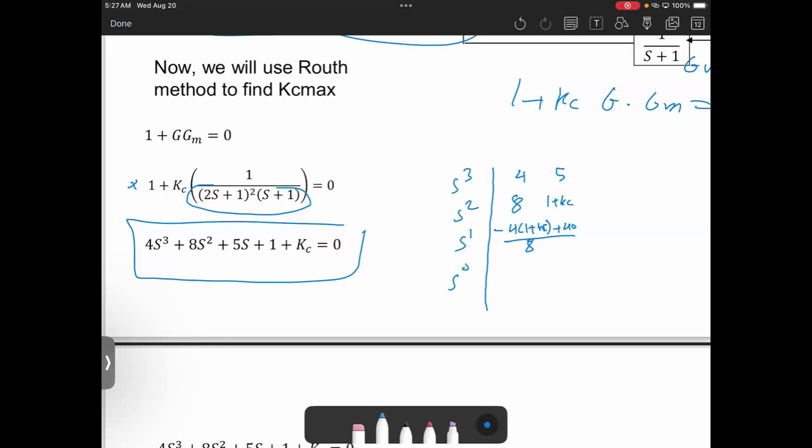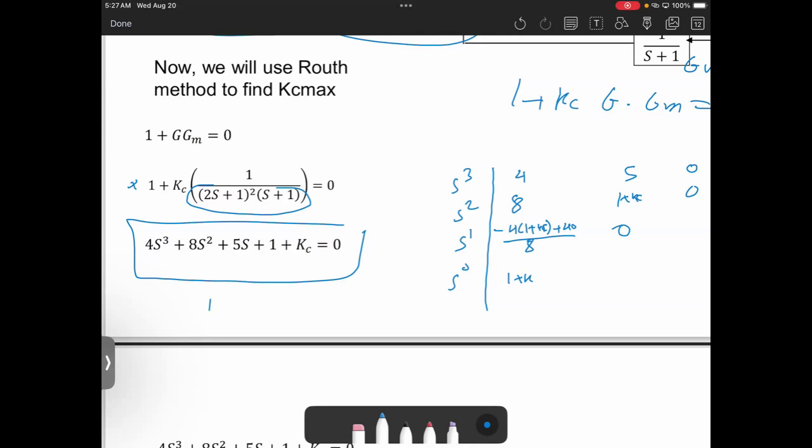Then this element, 5, 1 plus Kc. This element, since these two are zeros, therefore it will be 0. How about this element? When we divide it, it will be 1 plus Kc. So our target is to make sure Kc is positive.